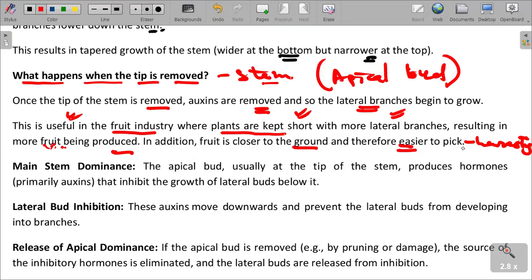So let us understand that it is a very important practice in keeping the trees short, and also in the emergence and production of many lateral branches, which will result in more fruits being produced, and also making the tree shorter in terms of harvesting processes.